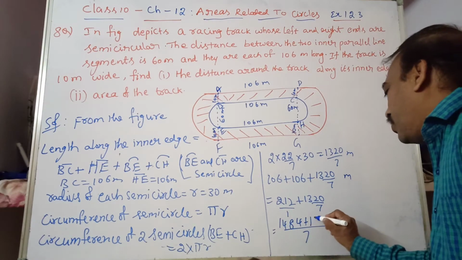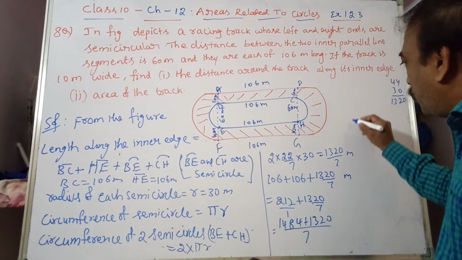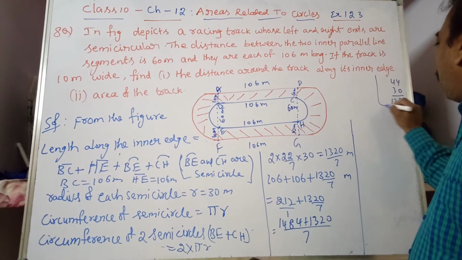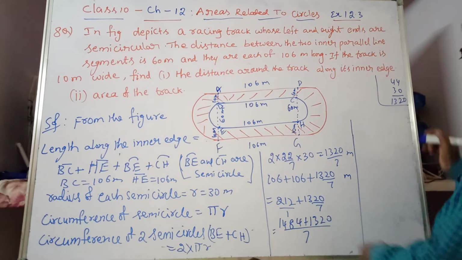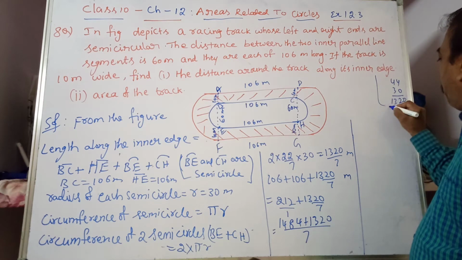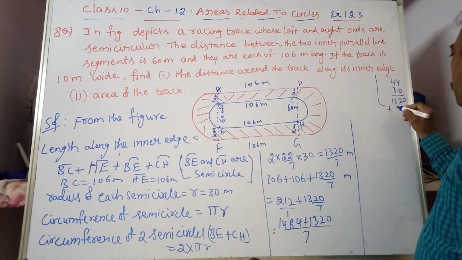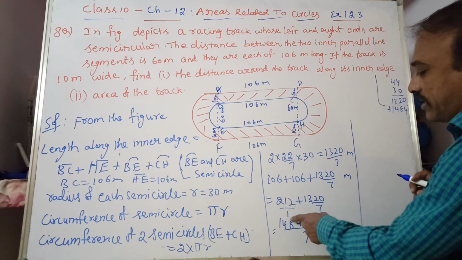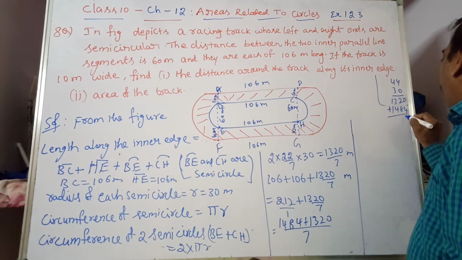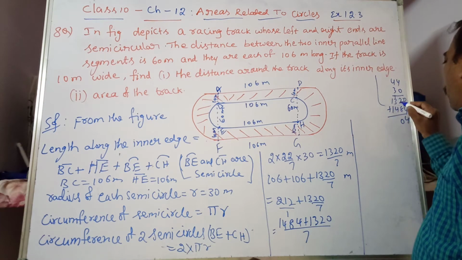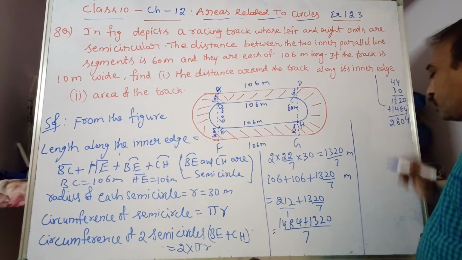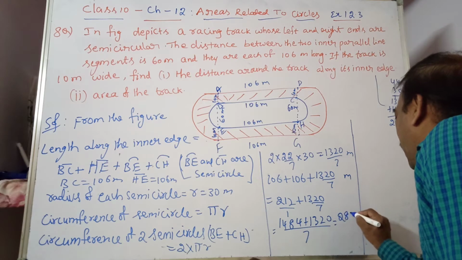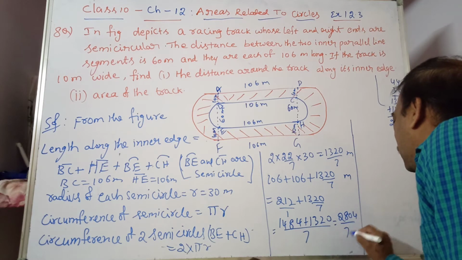Now 1484 plus 1320, which is 2804/7 meters.